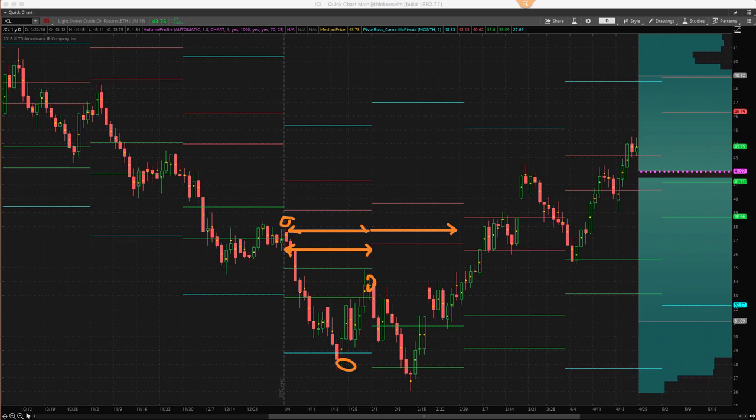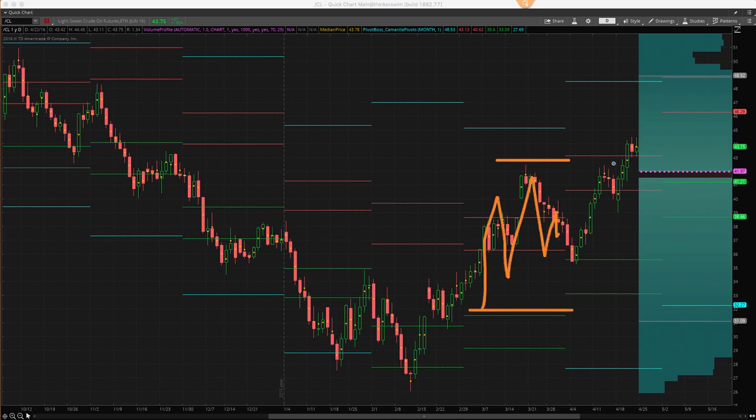In this case, the market is using the March data to calculate the pivots for the April timeframe, right? That's what's happening right now.